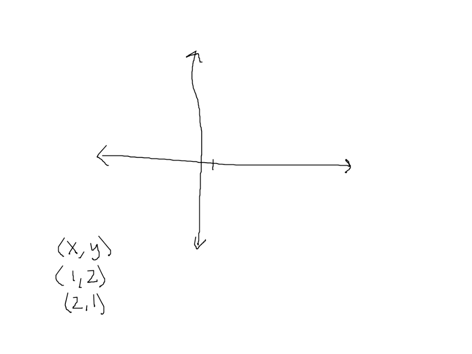So if I were to plot them, 1, 2 would be 1 unit to the right, and 2 units up. So that would be right there. That's 1, 2.